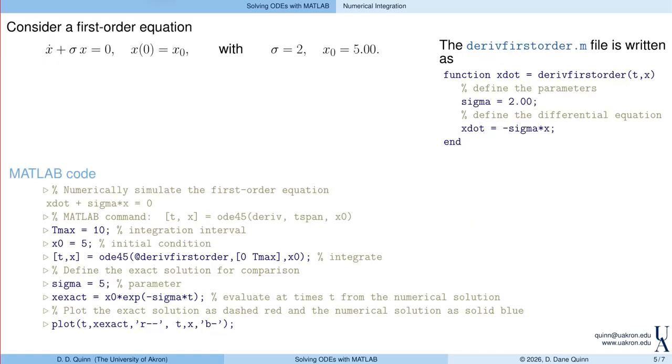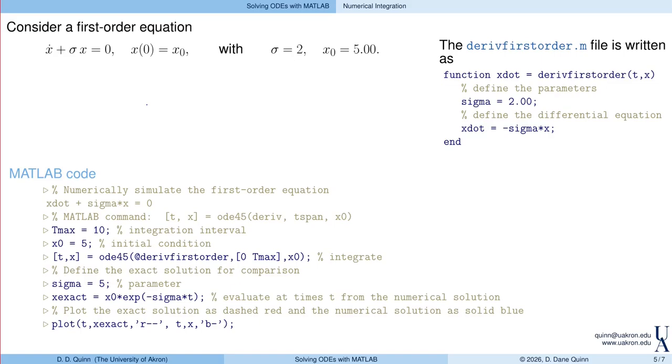So let's actually do an example. We'll start off with a first order example, or a first order equation. This is probably the simplest thing I could come up with. So basically x dot plus sigma, some decay rate, times x is equal to 0. And we have a single initial condition, and we just have one coordinate here.